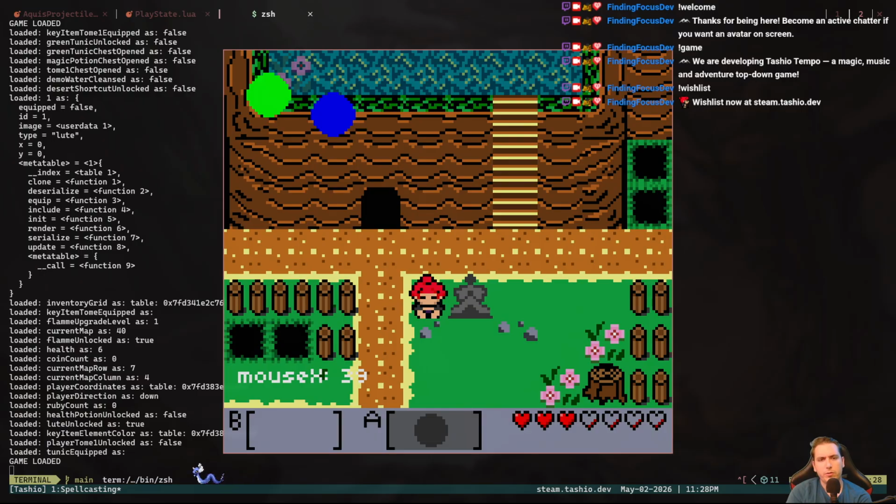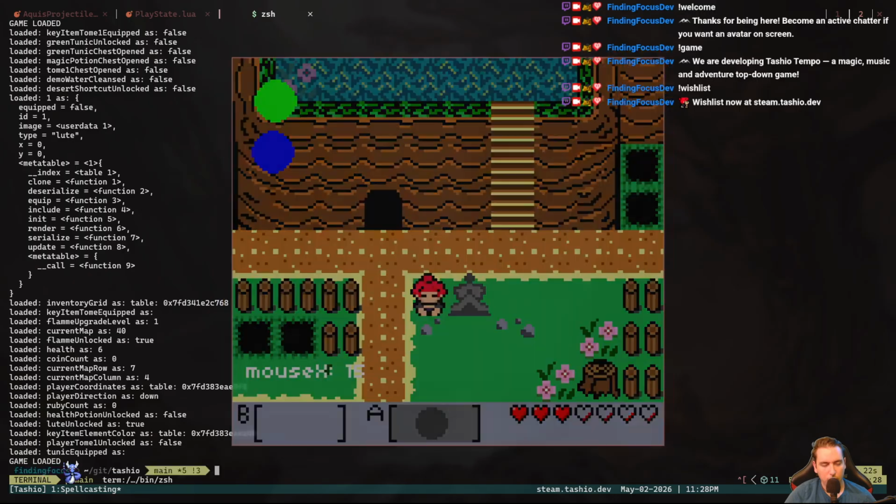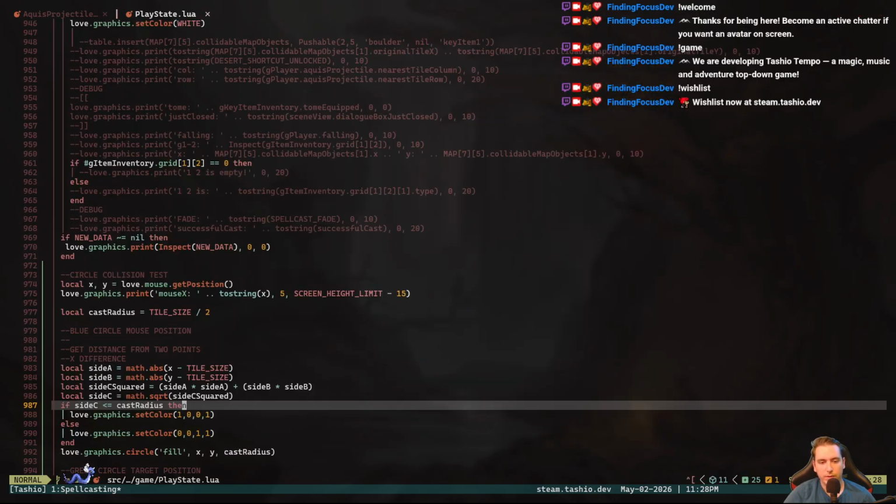Okay, and then we're checking if the distance of the 2 center points, ooh, okay, yes, is smaller than half radius. So we just need to double our radius because we want the outside of the circle to count, not just the center of the circle.